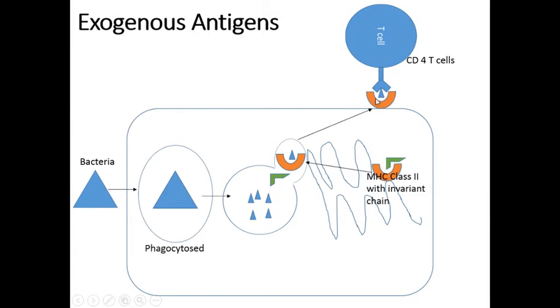Once it reaches the surface, this MHC class 2 will be recognized by the CD4 T cells, and the T cell receptor will recognize that foreign exogenous antigen, and the T cell will be activated. Now what will happen when this T cell is activated? They will begin to produce cytokines, and these cytokines will activate more macrophages and B cells, and the immune responses will be initiated. So that is how the exogenous antigens are dealt with.